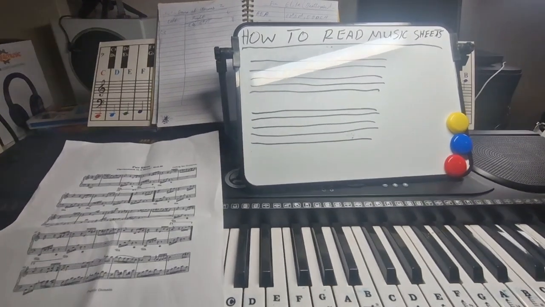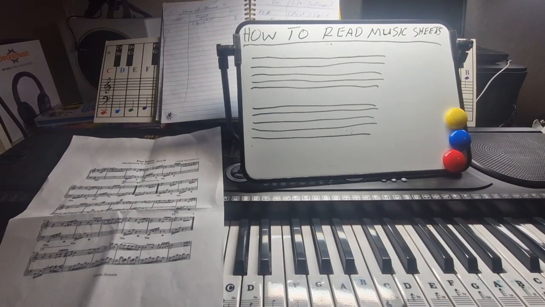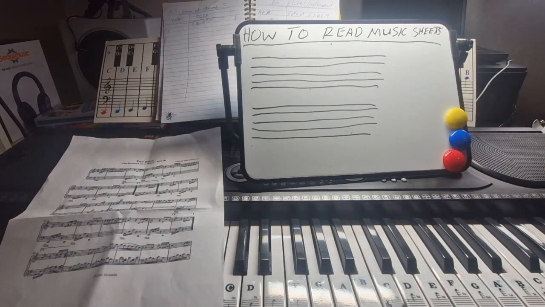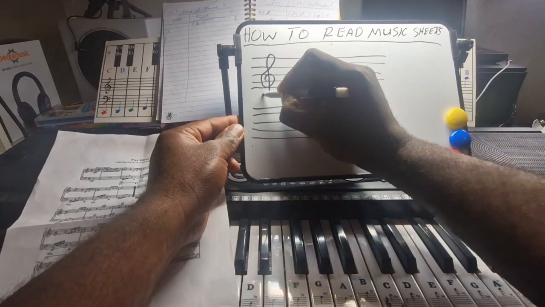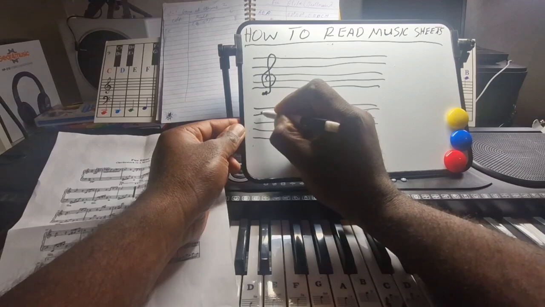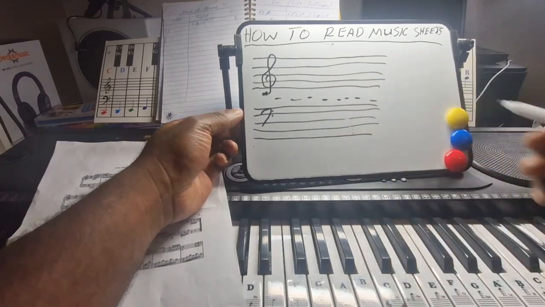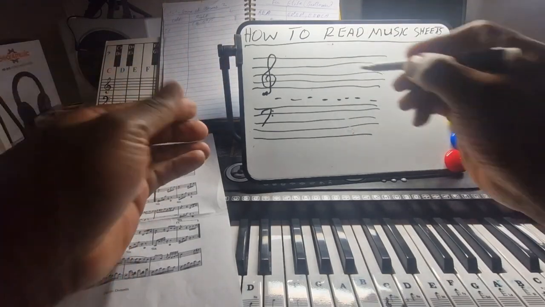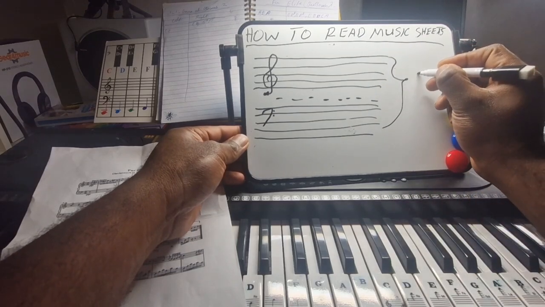So these are the staffs, okay? So, as I said before, this entire section is called the grand staff.